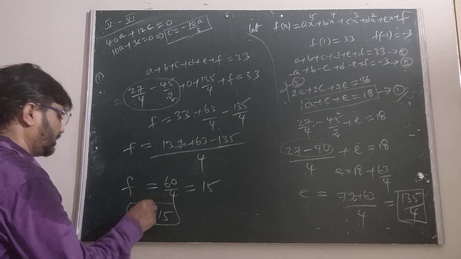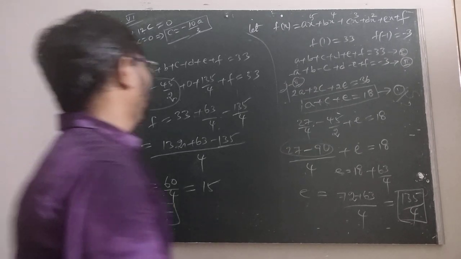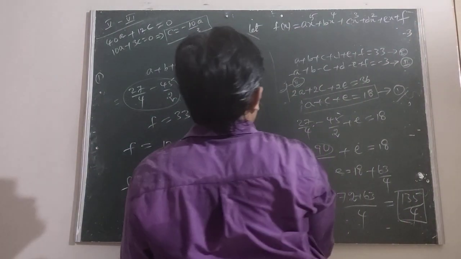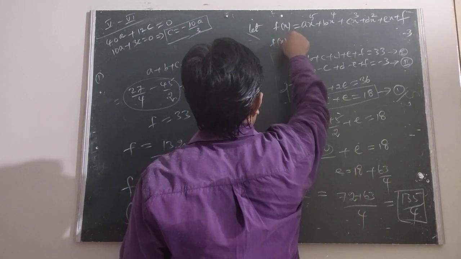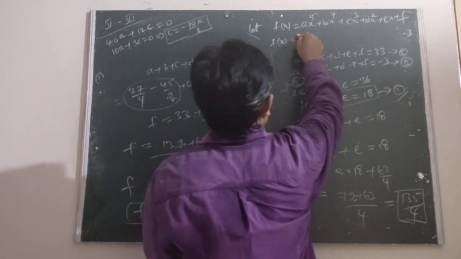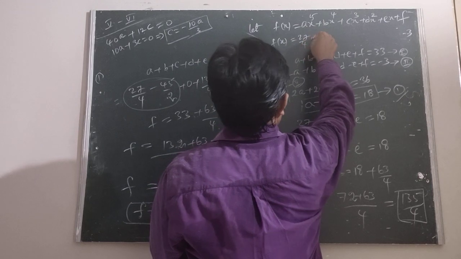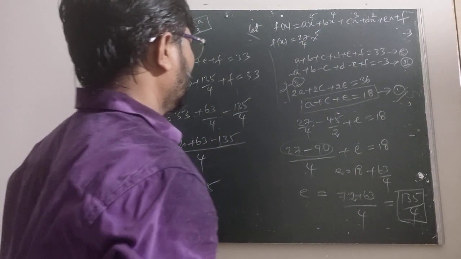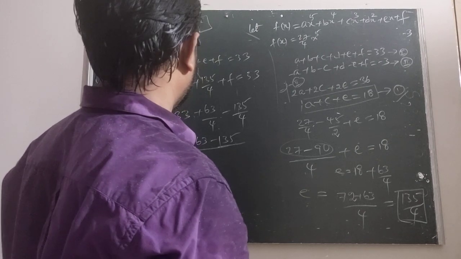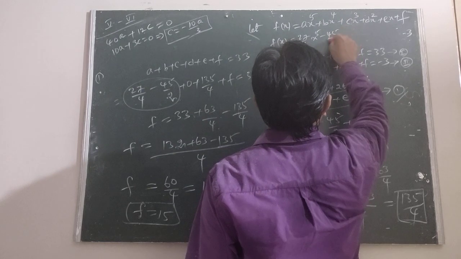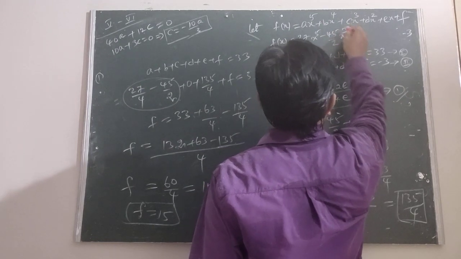This is the function f of x. Therefore, now we are writing f of x is: A is 27 by 4 into x power 5. B we are getting 0. C is minus 45 by 2 into x cube.